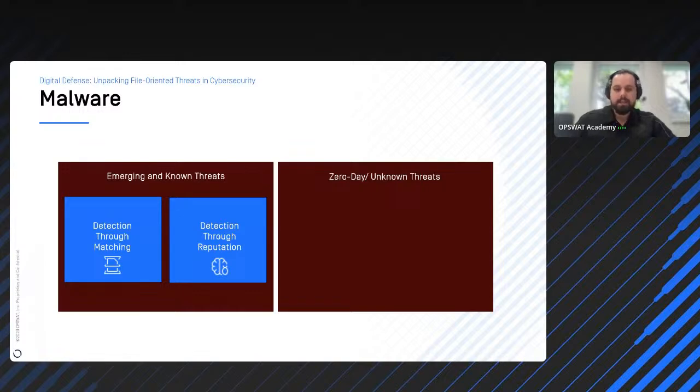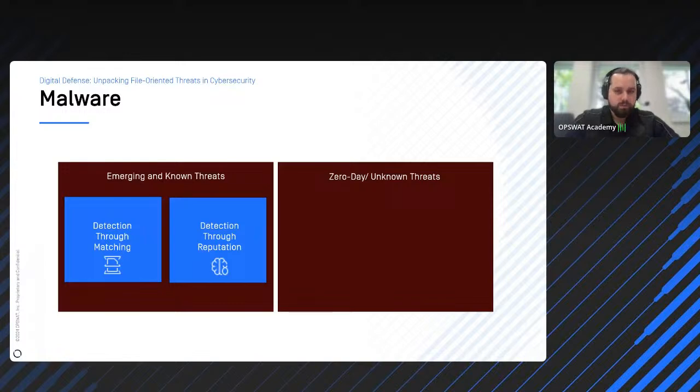Now, when that's the case, if you happen to be the subject of an attack from this newly released malware, that's when we call it a 0 day attack. And that's when malware can enter an organization completely undetected and wreak havoc before it's found, discovered, and the objective of the attacker is fulfilled.